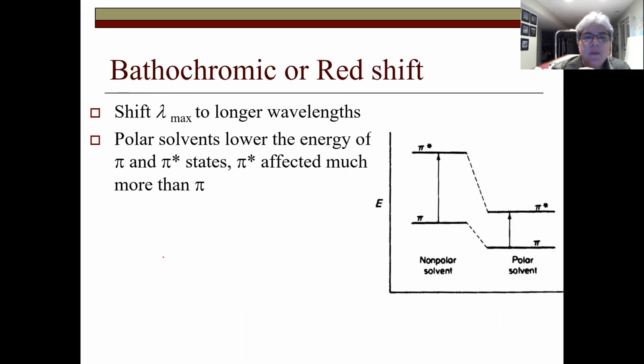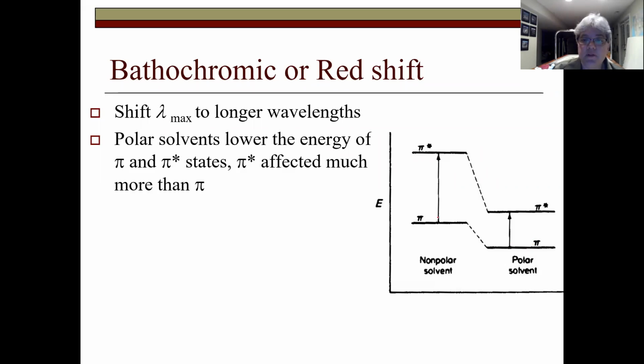So it turns out that for a pi to pi star transition, if you change from a non-polar solvent to a polar solvent, there will be a red shift in the peak. Now, the reason is when you put that molecule into a polar solvent, it lowers the energy of both the pi state and the pi star state.